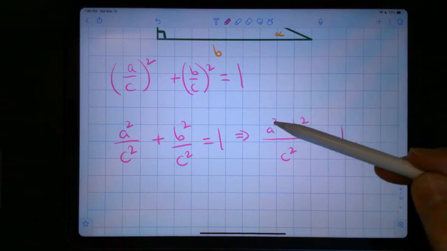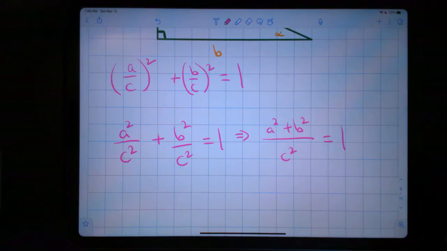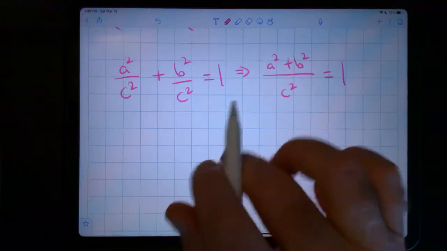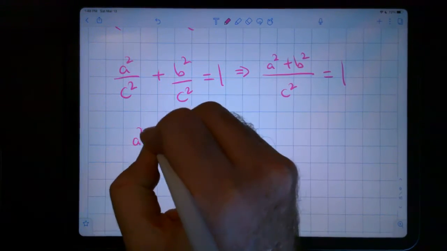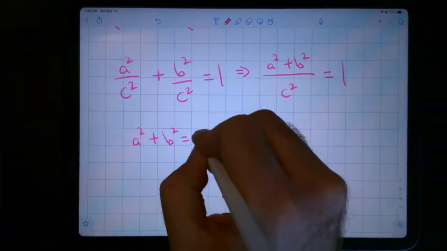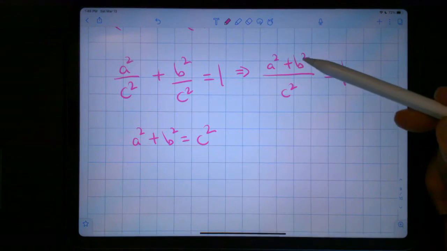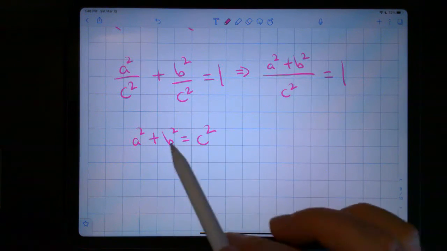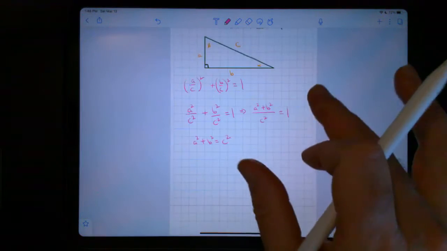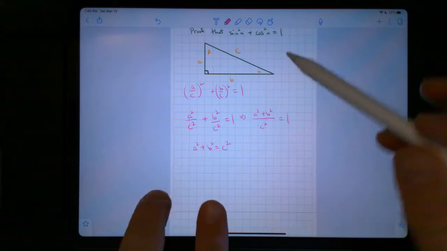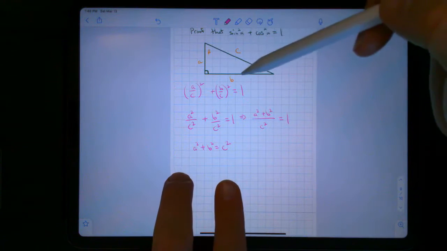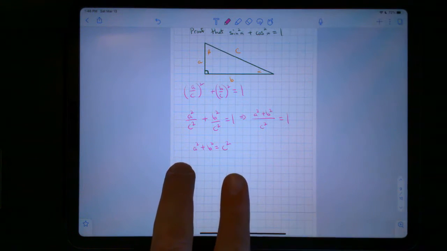So if this equals 1, then the numerator has to equal the denominator. This tells us that a squared plus b squared equals c squared. That's the Pythagorean theorem when you have a right triangle. The sum of the squares of the two legs is equal to the square of the hypotenuse.